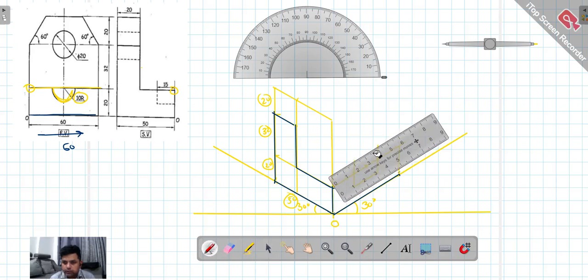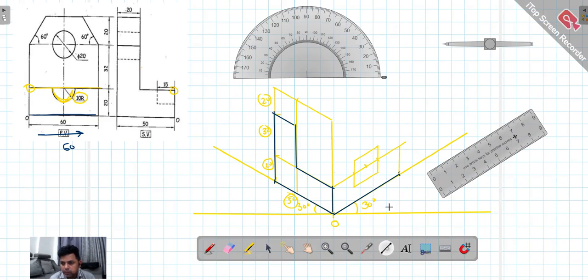Now, what we learned previously, join the diagonals. Take the scale away. What I'm doing now, I'm taking the line and joining these diagonals. Taking red color so that it can be easily visible.